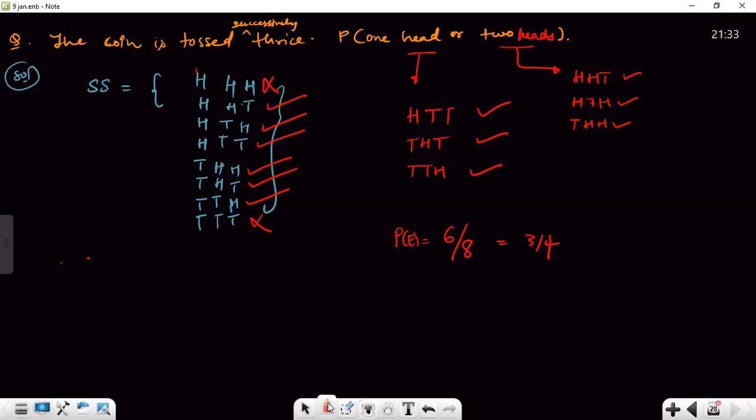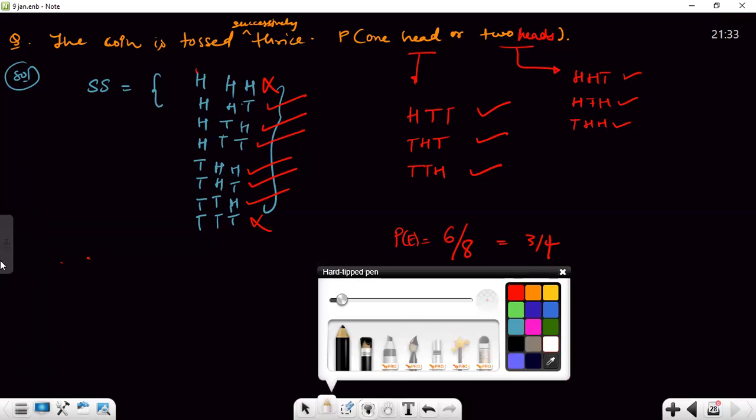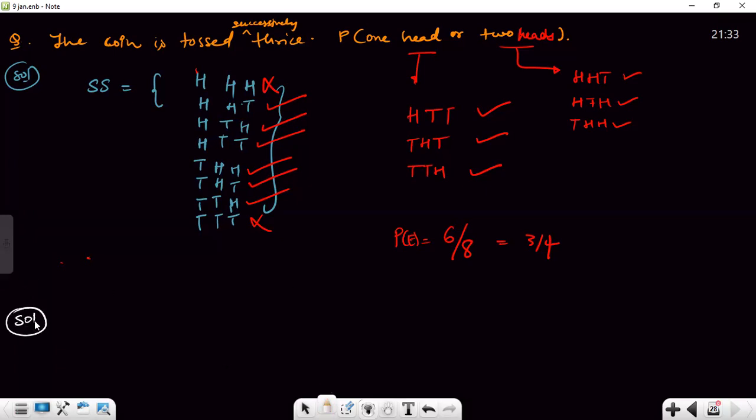Let's go with another approach. We wanted the probability of getting one head. If there are three places, a head can be placed on three places, right? So first we have to select one head and place it on three places.